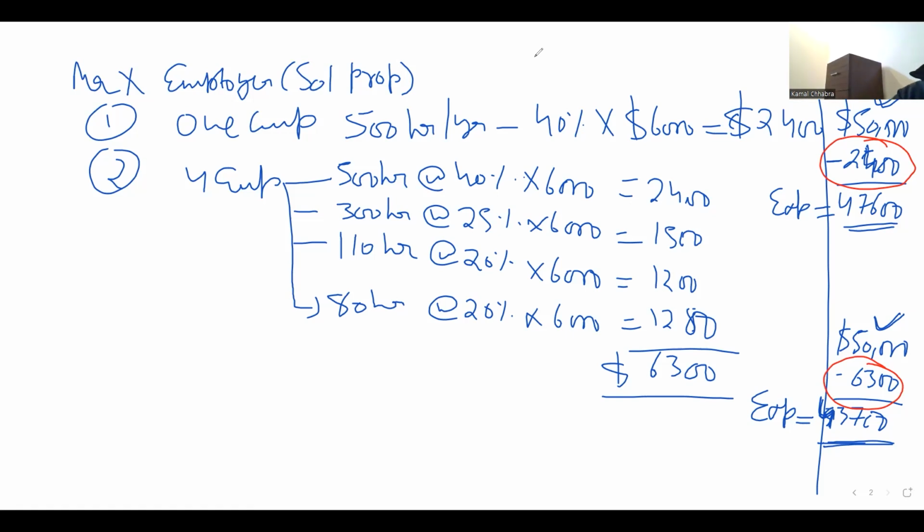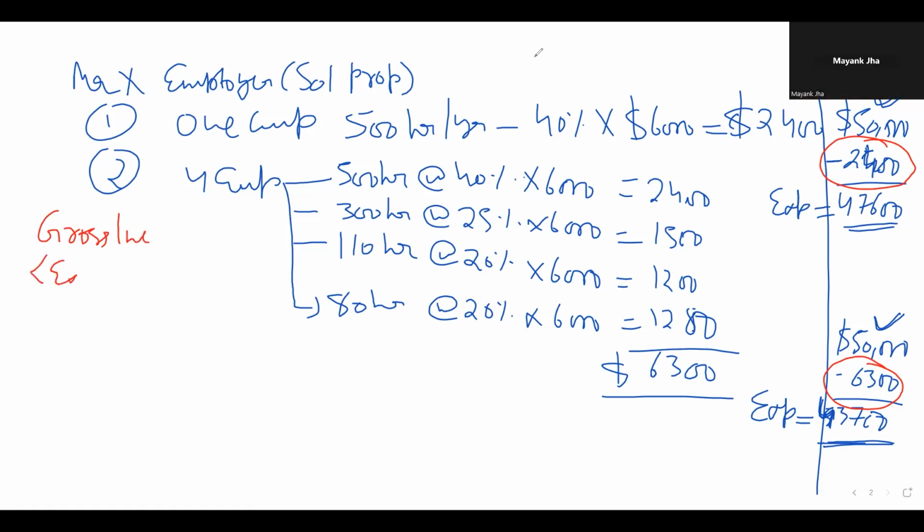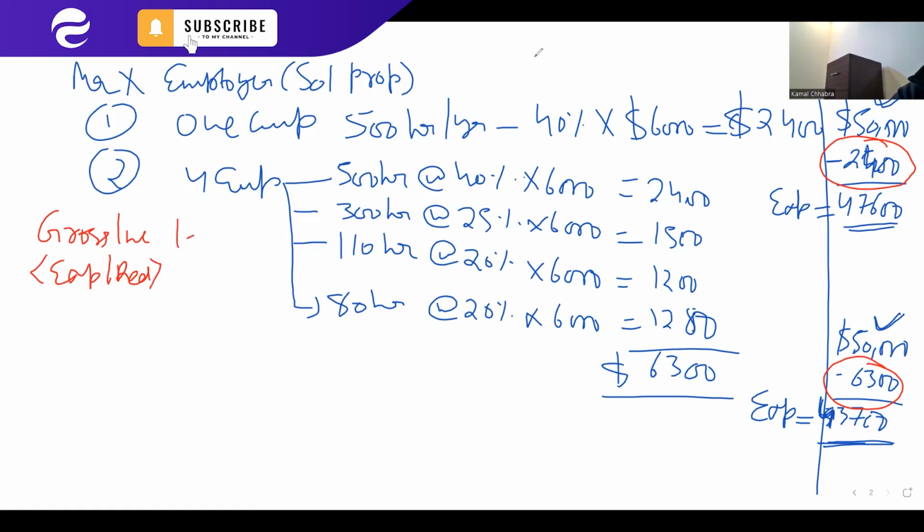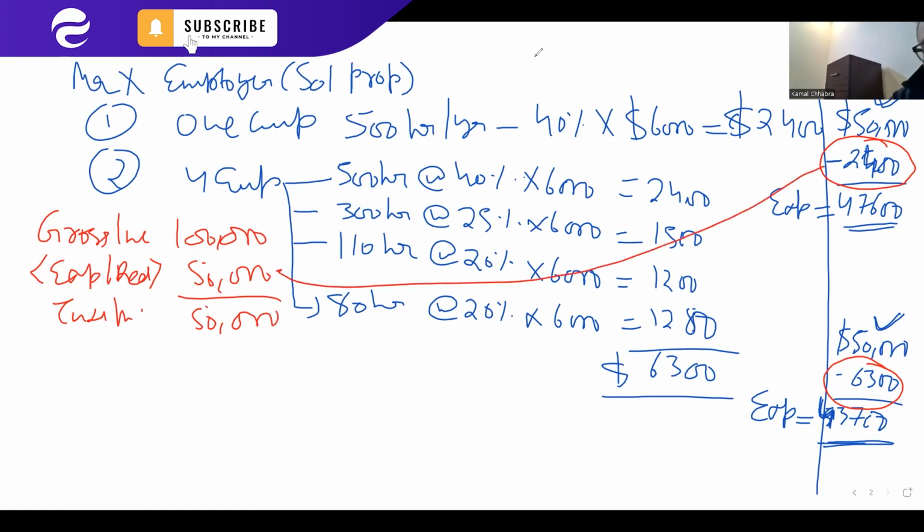Your gross income less expenses or deductions, right? If this is, let's say, $100,000 and this is $50,000, so your taxable income is $50,000, right? If in this 50,000, this 2,400 or this 6,300 is there, that means you are paying less taxes, right?